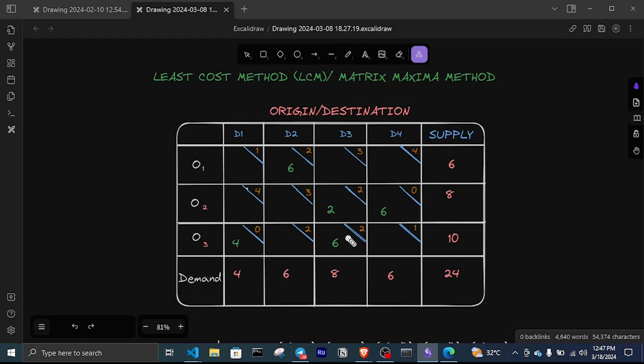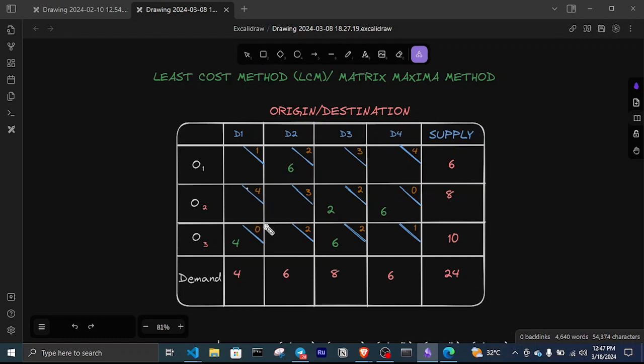Looking at the entire transportation table, we look at all the cells and select the cell with the lowest unit cost. The cells with the lowest unit cost are 0 and 0. The first 0 is on the first column, D1, and the second 0 is on the fourth column, D4. So let's begin with the first column's 0.